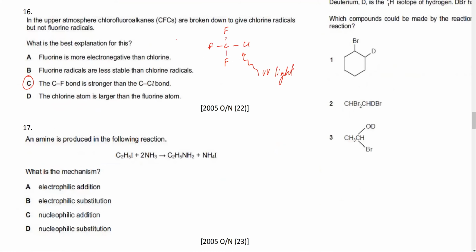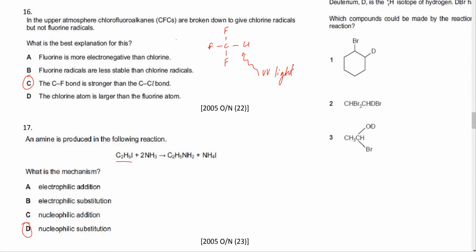Next, question 17: an amine is produced in the following reaction. What is the mechanism of this reaction? It's the same thing: it's a halogenoalkane, so it's going to be nucleophilic substitution.